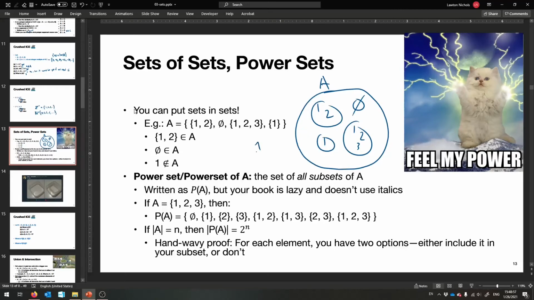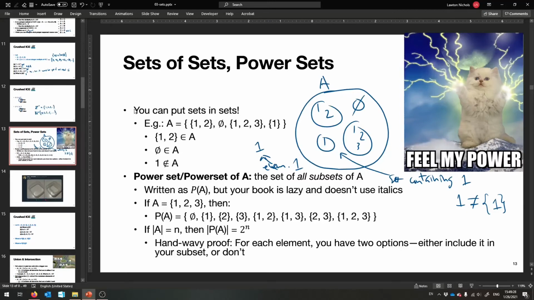This is the element 1, and this is the set containing 1, which are different things, because 1 is not equal to the set containing 1. I'll get really good at drawing braces this semester. Not there yet, though.